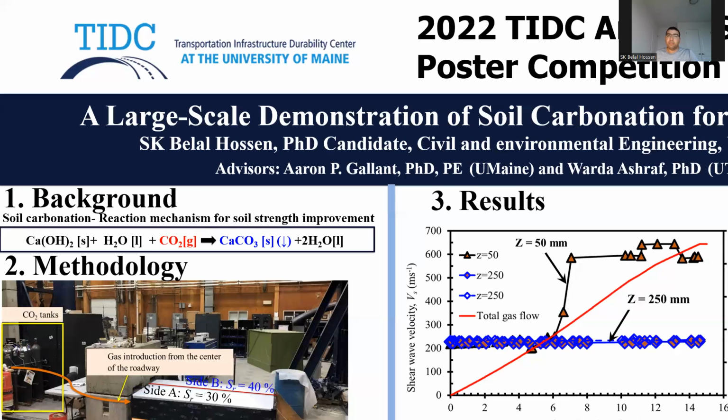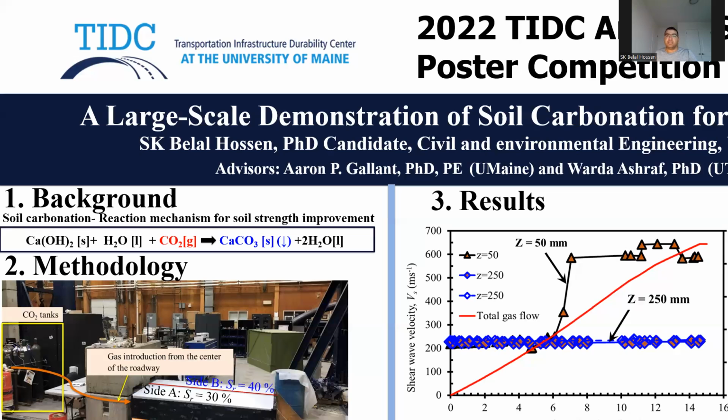So carbonation is the process of introducing gaseous CO2 into the soil that is mixed with alkali following the traditional method. Through chemical reaction, this process precipitates calcium carbonate binder on the soil grains that can improve the strength and stiffness of the material.